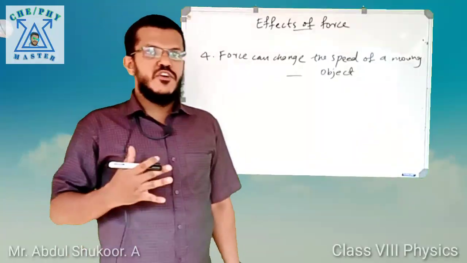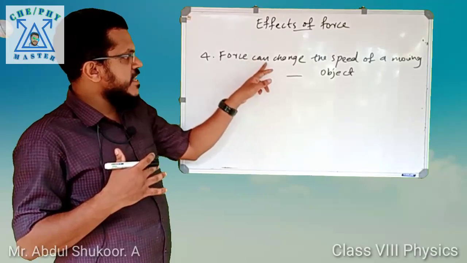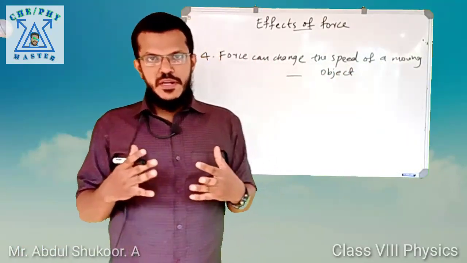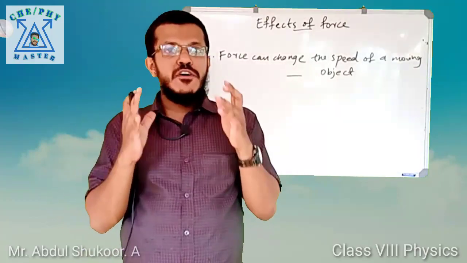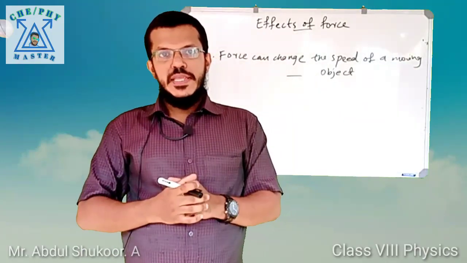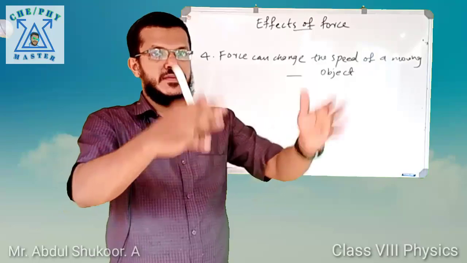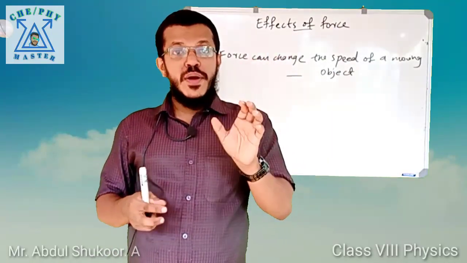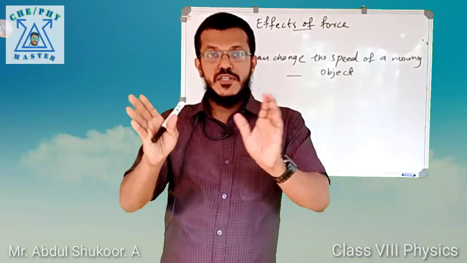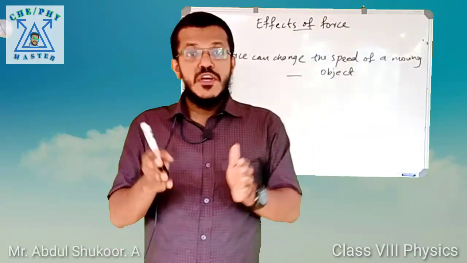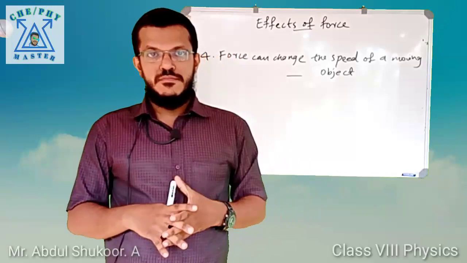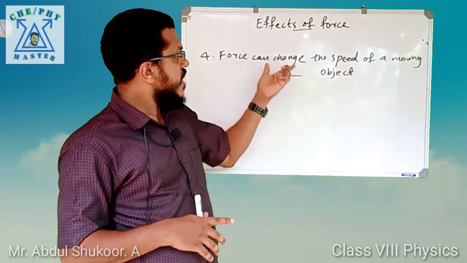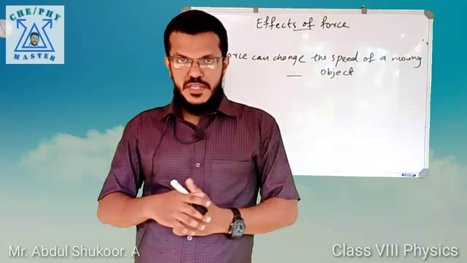The fourth effect of a force is that force can change the speed of a moving object. For example, if you apply a force on a swing, then the speed of the swing will increase, isn't it? And if you apply a force on a moving swing in the opposite direction, then the speed of the swing will slow down. Yes, that's why we said that force can change the speed of a moving object.